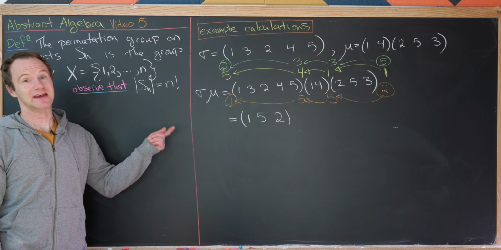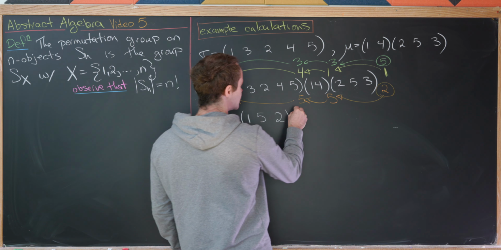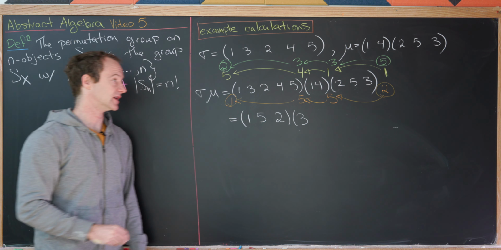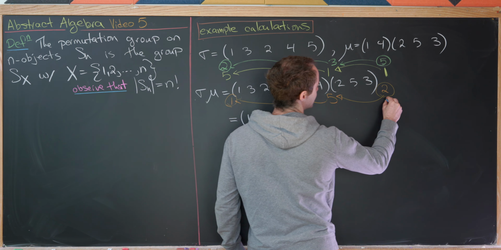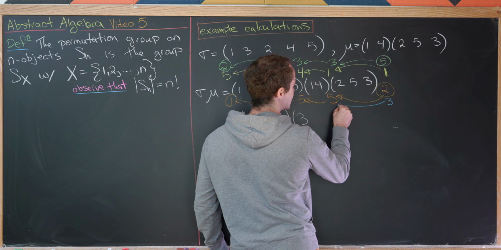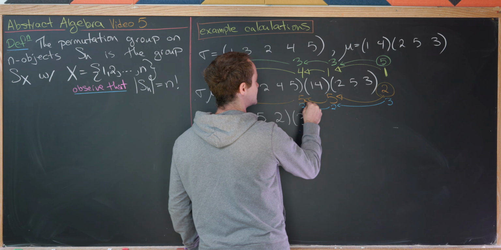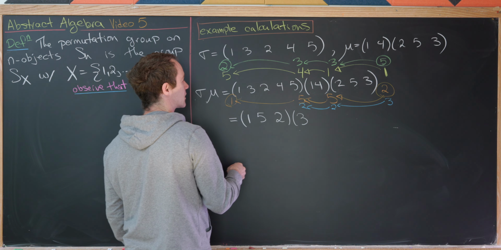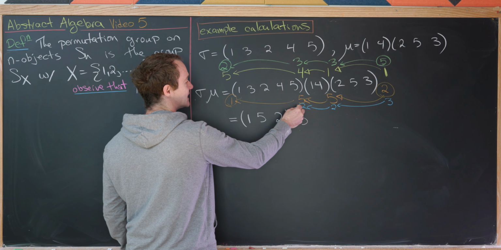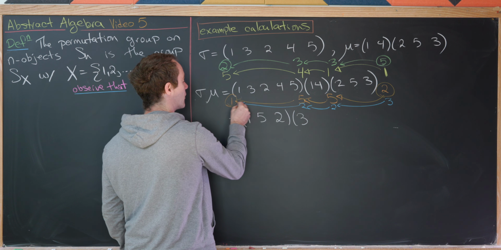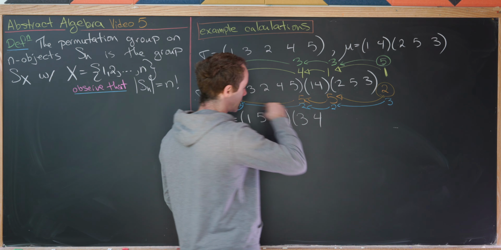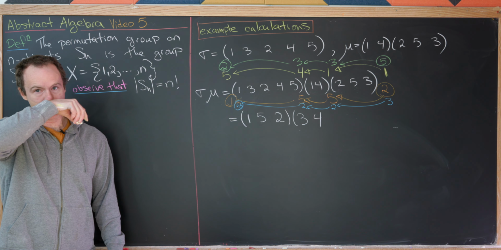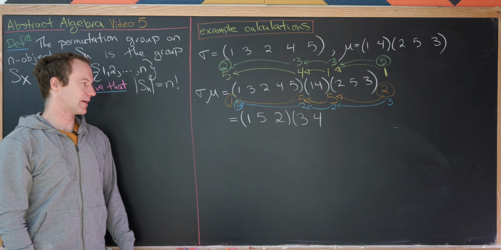Then we'll pick up with the next smallest number, which is 3. Let's see what happens here. Under this first map, 3 gets sent to 2, 2 gets sent to itself because we've got 1, 4, and then here, 2 gets sent to 4. So in the end, 3 is sent to 4. Great. But now we need to look at where 4 could be mapped.